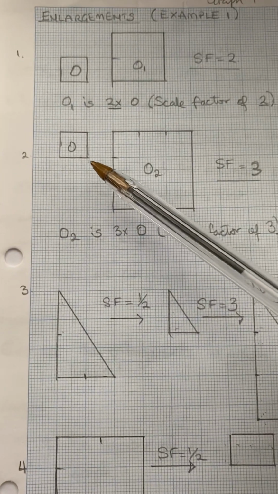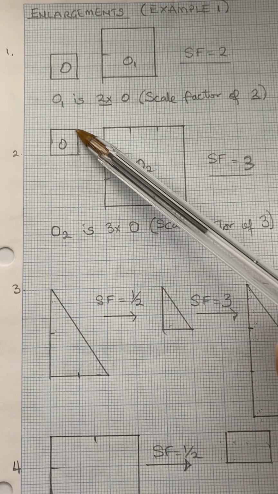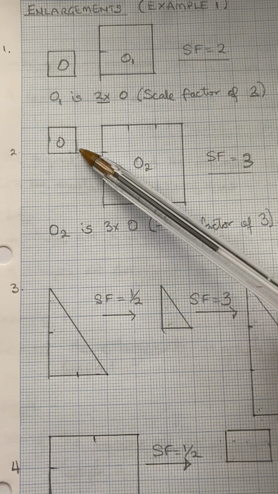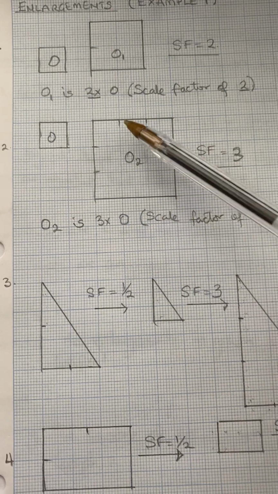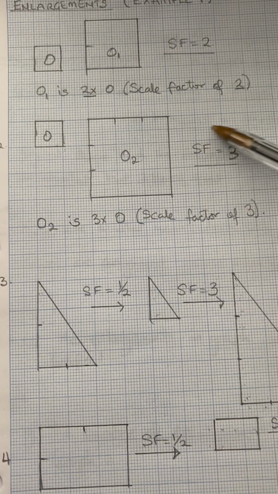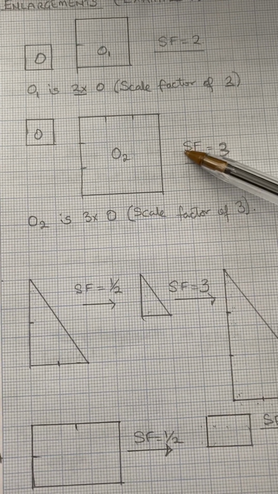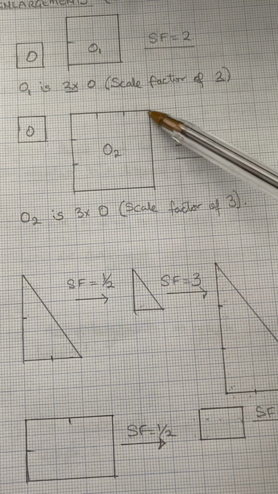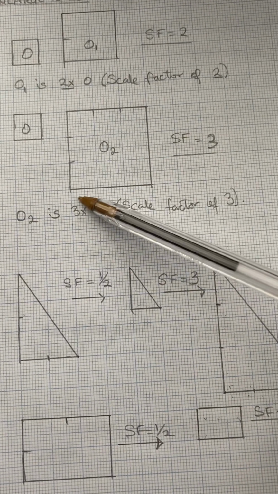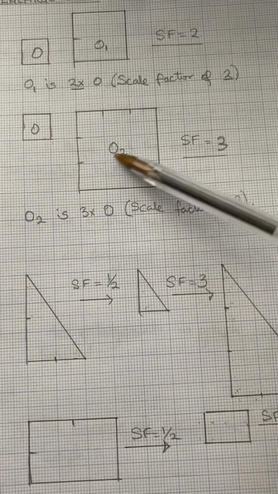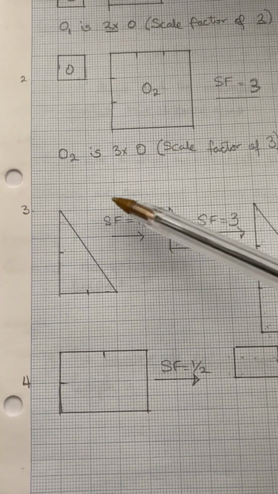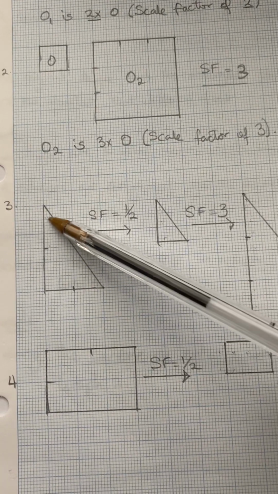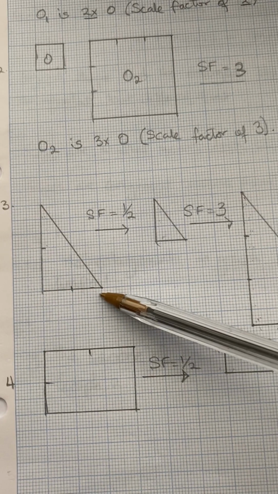The second one, this is 1 unit on both sides. It's still a square, but now I've used a scale factor of 3. So I've enlarged this to a scale factor of 3. The third one, it looks like a triangle.